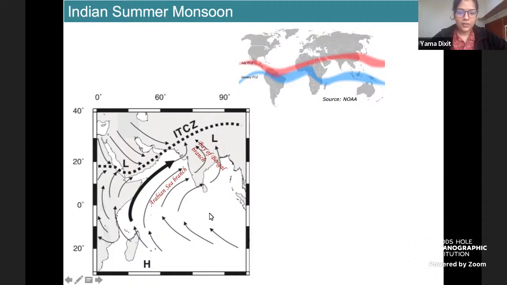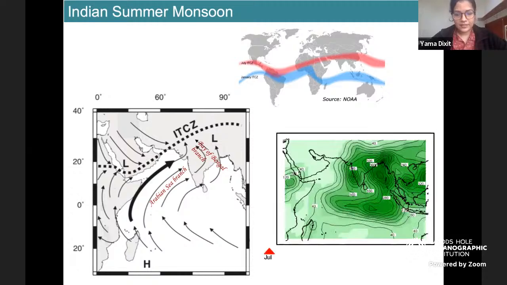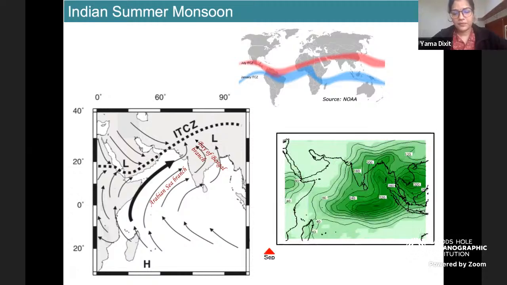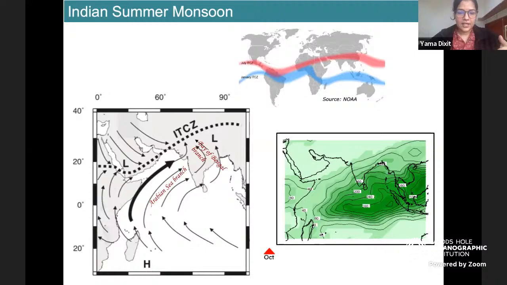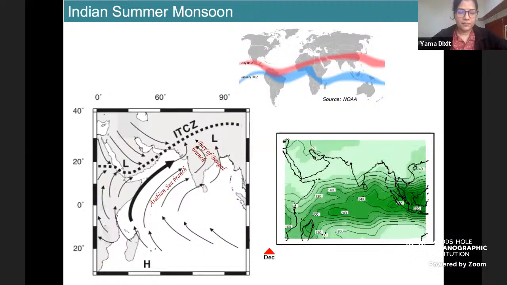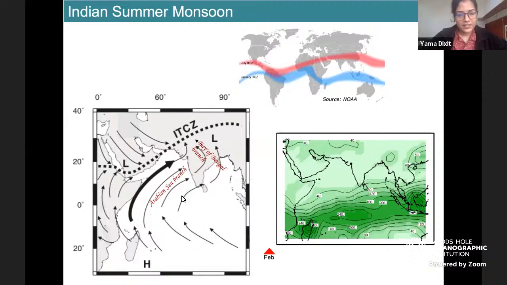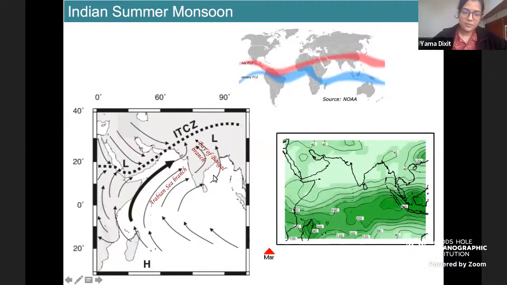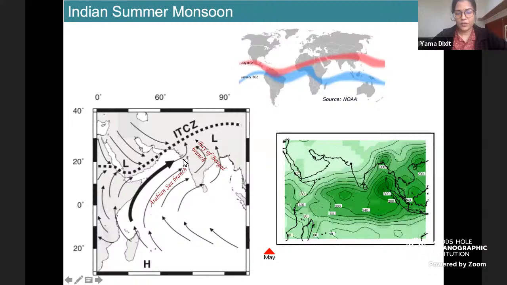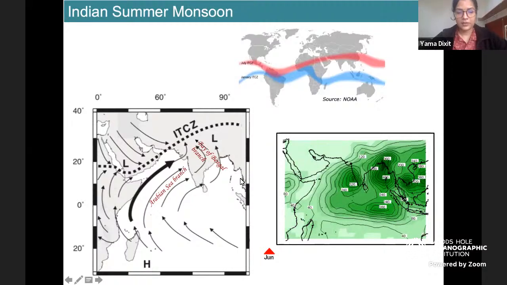The subcontinent receives most of its rainfall between June and September, and the monsoon can be divided into two branches: the Arabian Sea branch, and the Bay of Bengal branch bringing moisture from the Bay of Bengal region.